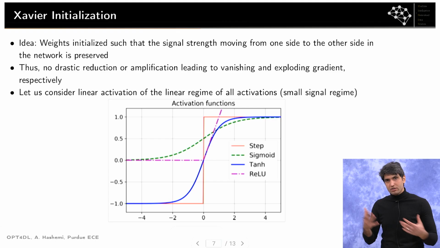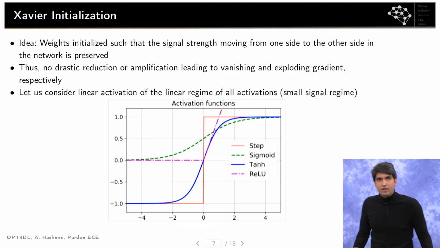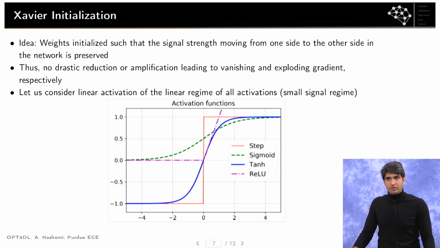As a result of these matrix products, these vector products, we're not going to change the strengths of the input signal much. And we want to make sure that this happens when we process the information in the forward direction and also in the backward direction.